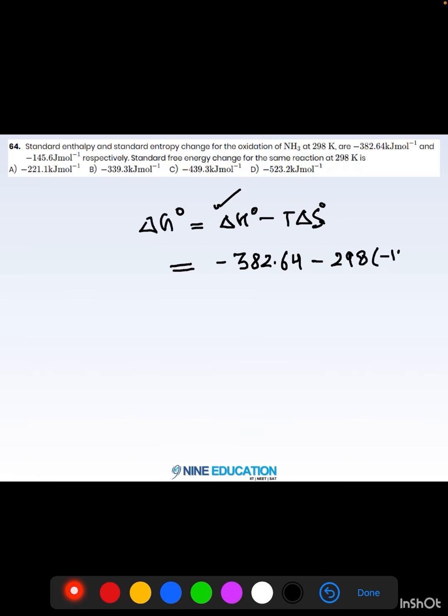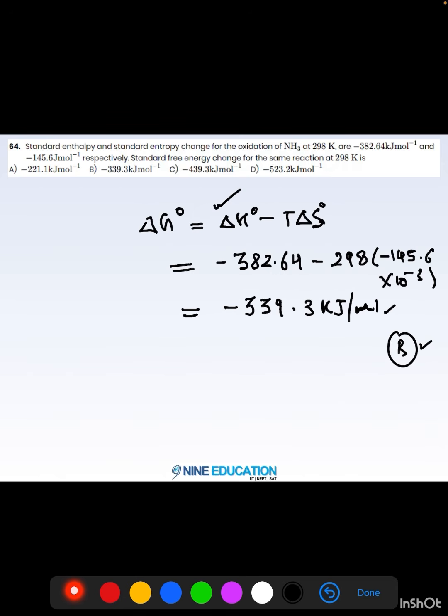As we need to put it in kilojoules, what we'll be doing is just simply multiplying it by 10 raised to the minus 3, and when we solve this completely, you will be getting around minus 339.3 kilojoule per mole. This answer you will be getting, which is simply given in option B. We'll be having this as the answer.